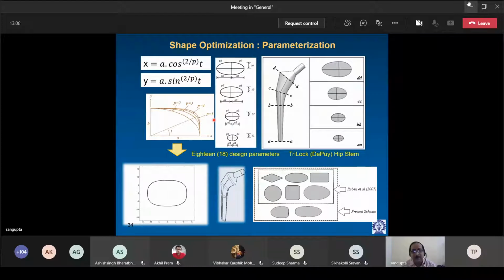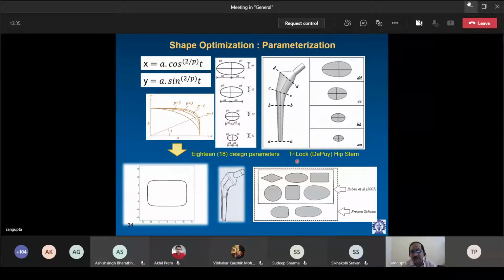Okay, so we are actually dealing with 18 design parameters, right? So you can see A1, A2, A3, A4, A5, A6, and then P1, P2, P3, P4, all this, and V1, V2, V3, V4.